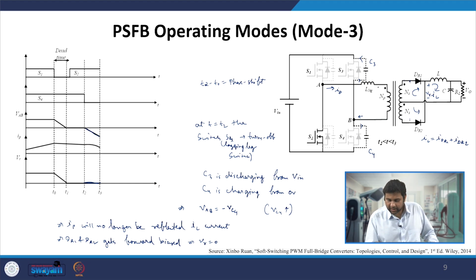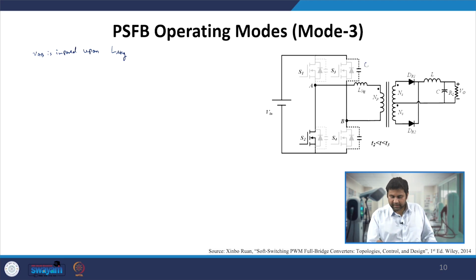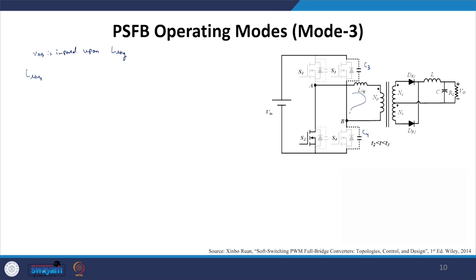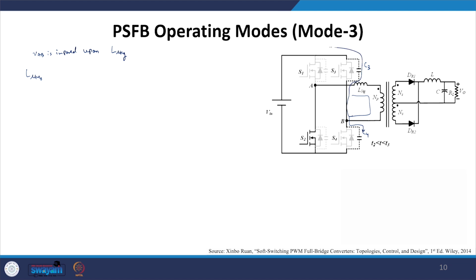Because of this short circuit, the voltage across it is nearly 0, and the entire VAB is imposed upon the leakage inductance. The current goes in this direction, coming like this, and some portion goes over here and some portion goes over here, and from here it comes back.